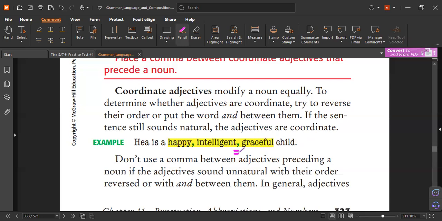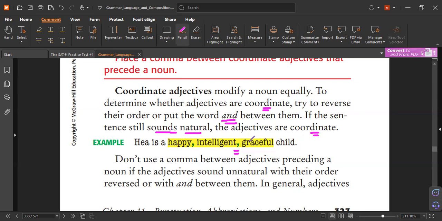Why? That is the point. To determine whether adjectives are coordinate or not, try to reverse their order and put the word and between them. If the sentence still sounds natural, the adjectives are coordinate, and we don't use and.